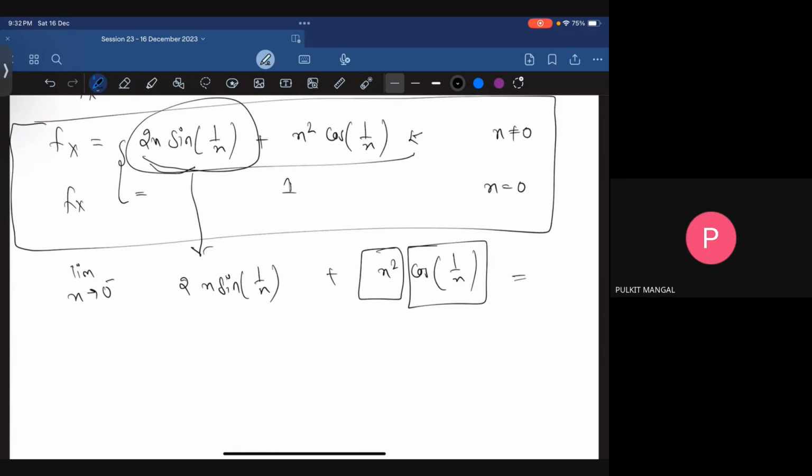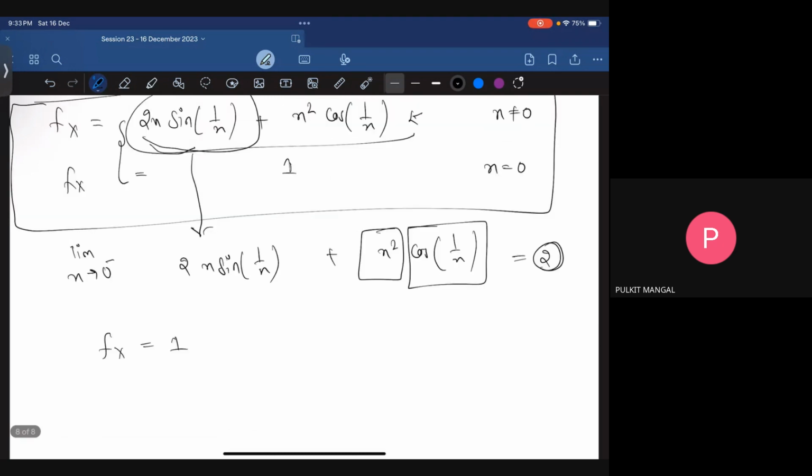Yes, the limit would be 2. Okay, so the limit exists, but my function value is 1. So the function is not continuous.